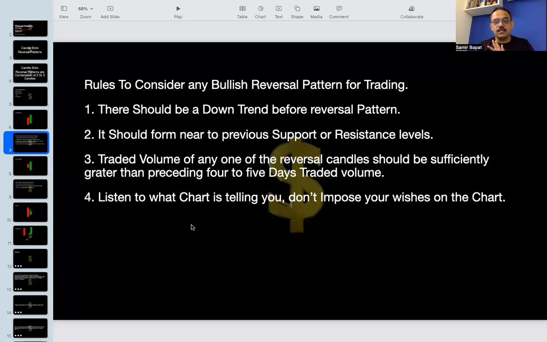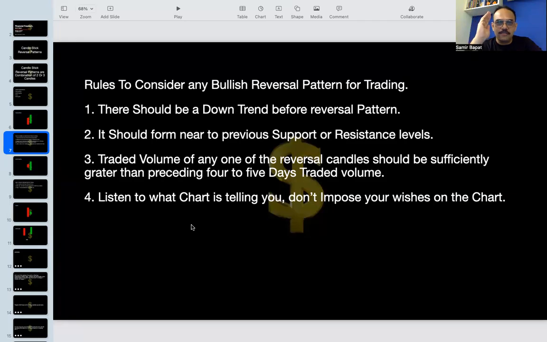Fourth is the most important part, which people forget. Please remember, we are learning to talk to the chart. So listen to what the chart is telling us. Don't let the chart say something while you think something else. Don't say, no no, the chart can be wrong, I saw the review of this fellow and that fellow, it is likely to go up.